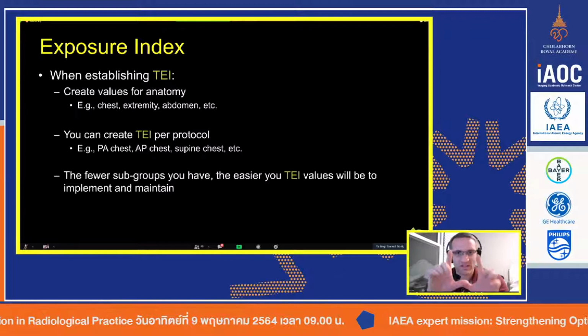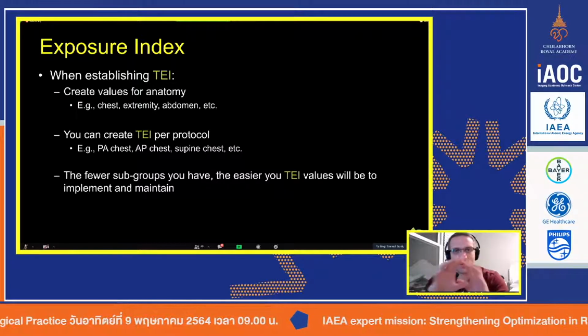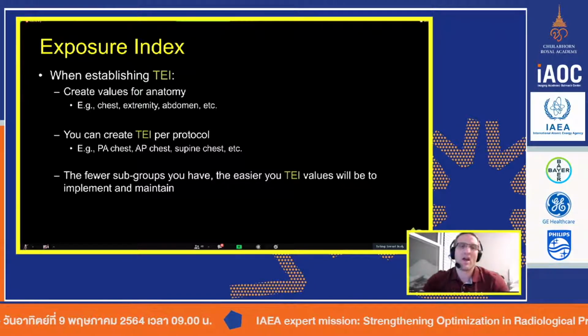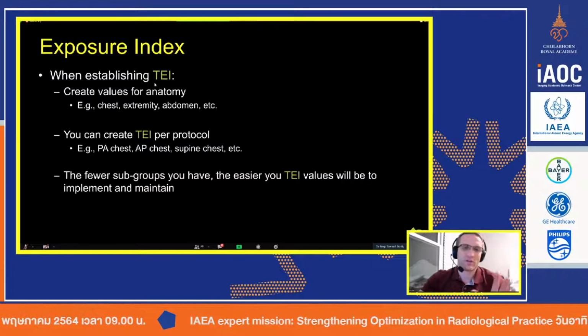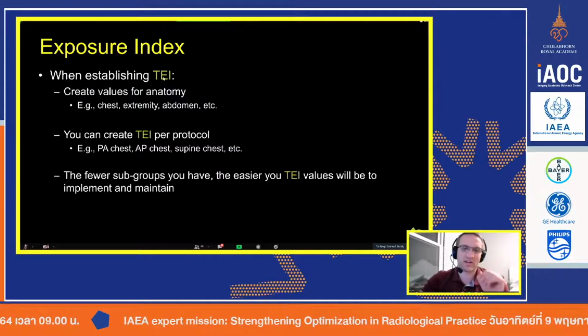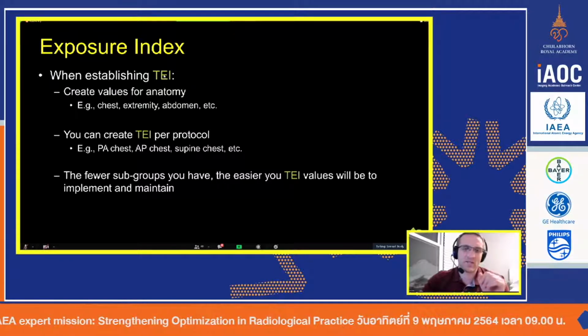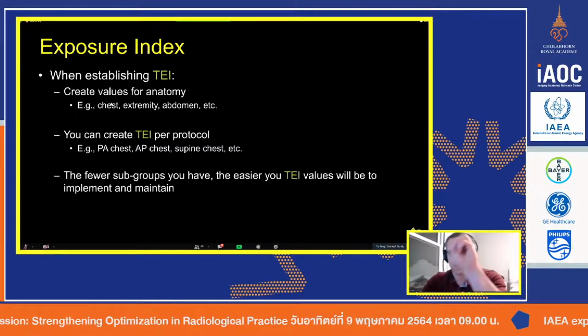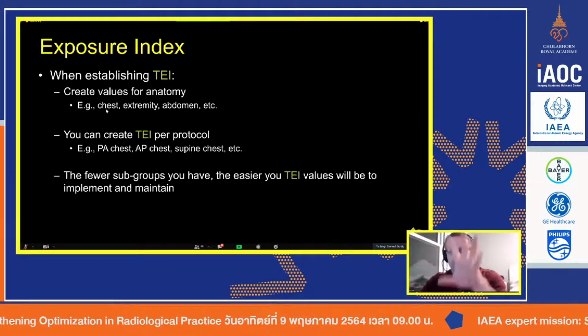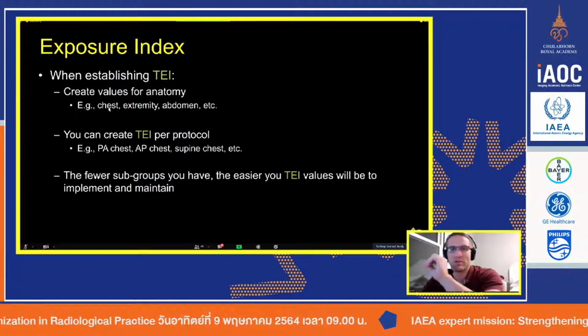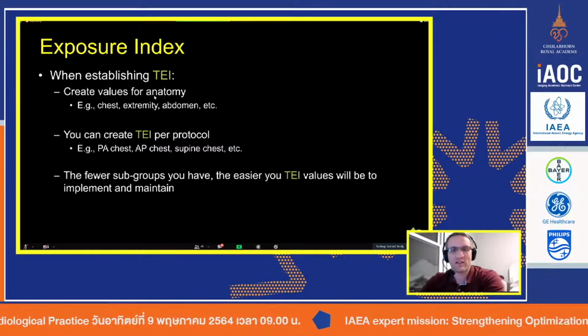It might shift just a hair here and there, but for the most part, it's going to look the same. So what I'm trying to say is don't overdo it. A target EI value for chest, for maybe arms or legs or extremities in general, abdomen, pelvis, that's probably the high level that you need.